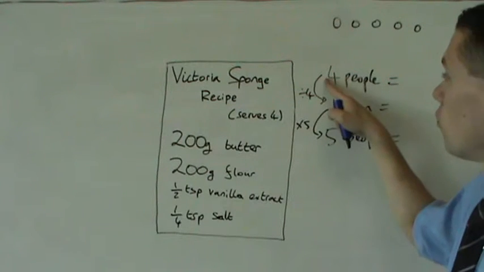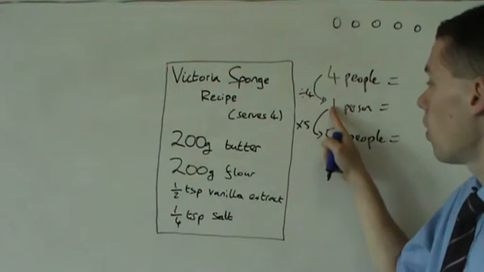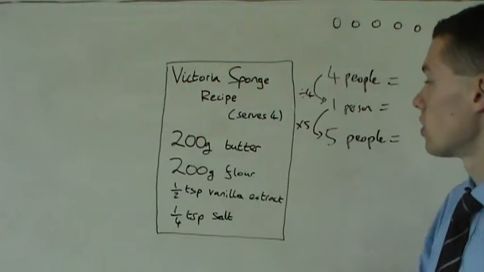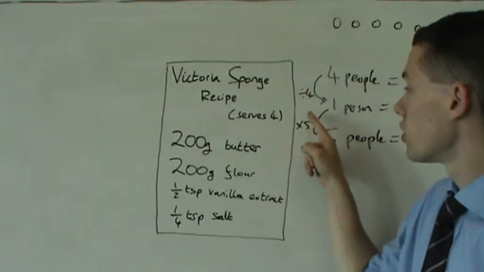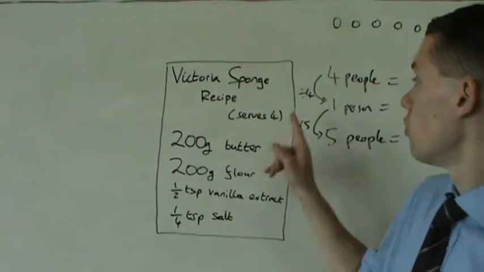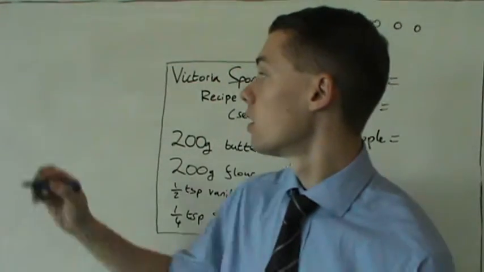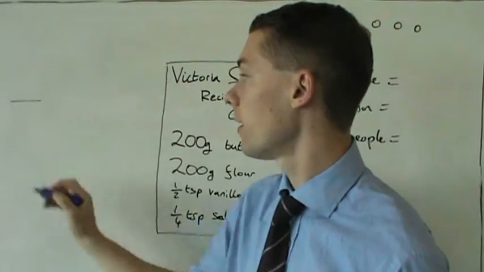So to go from 4 down to 1, you divide by 4. And to go from 1 to 5, you times by 5. We're going to represent these 2 operations using a fraction. So firstly we divide by 4. Remember, with a fraction, this line simply means divide by. Okay?